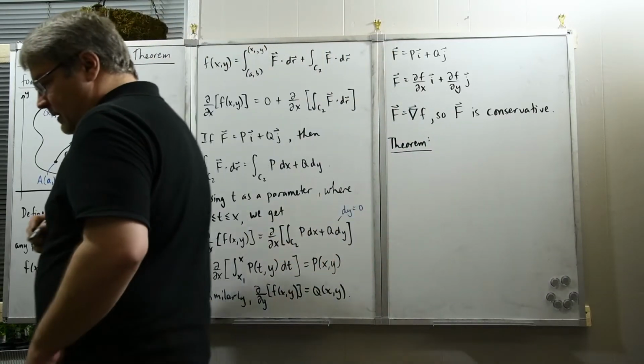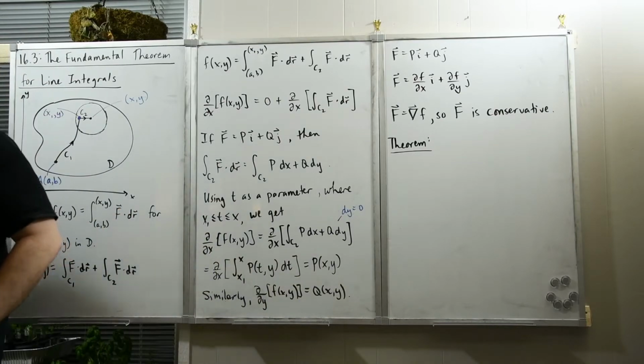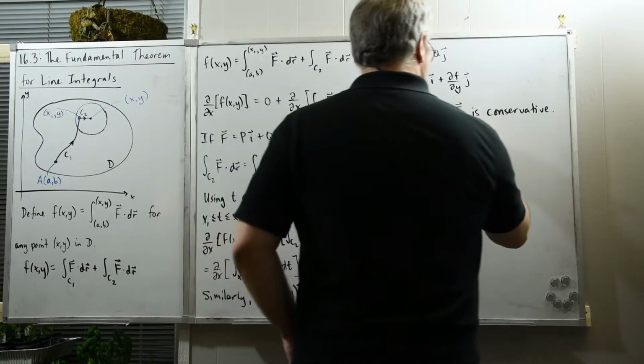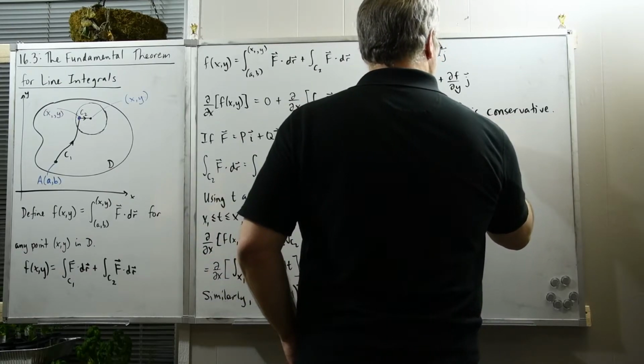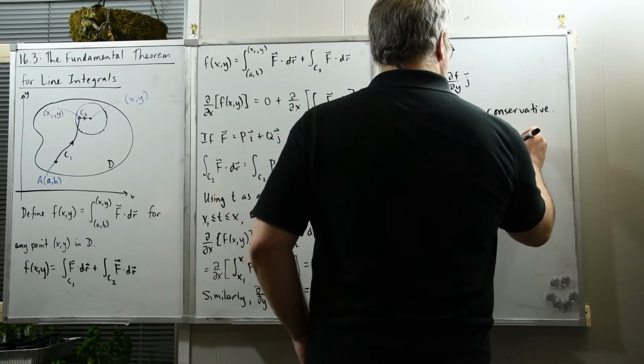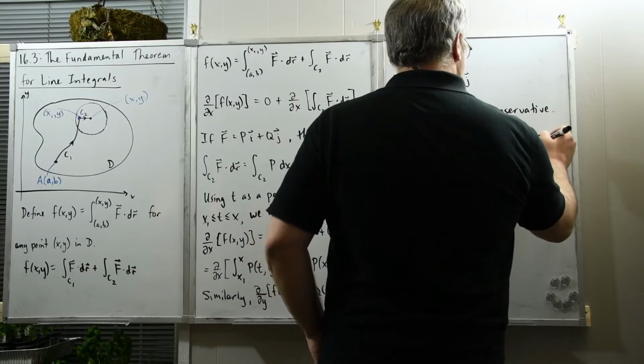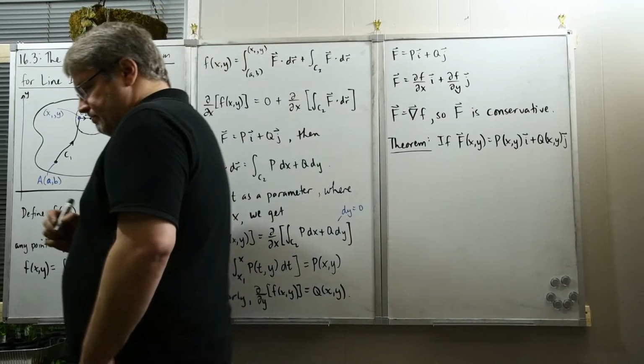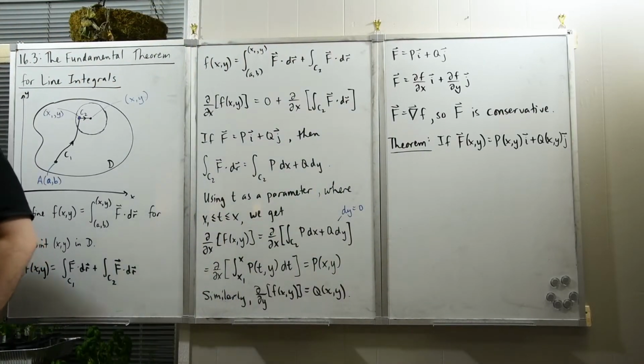So for this theorem, let's suppose we have F of xy is equal to p of xy times i plus q of xy times j. And let's say that that's a conservative vector field.